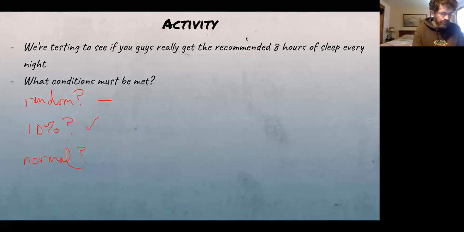And for normal, does anyone remember what we have to do to check for an approximately normal distribution when we're dealing with means?